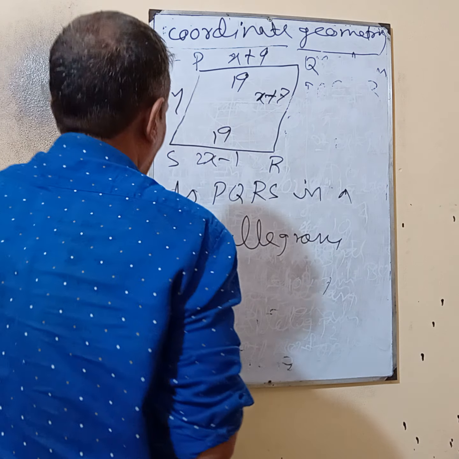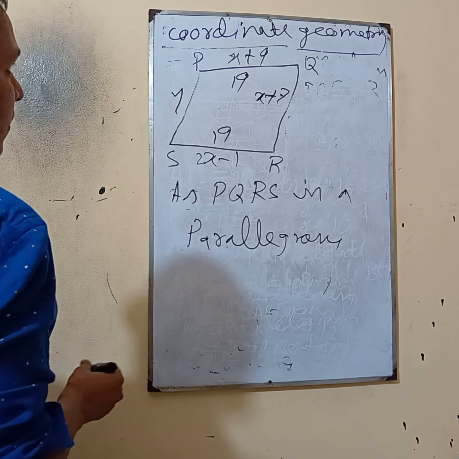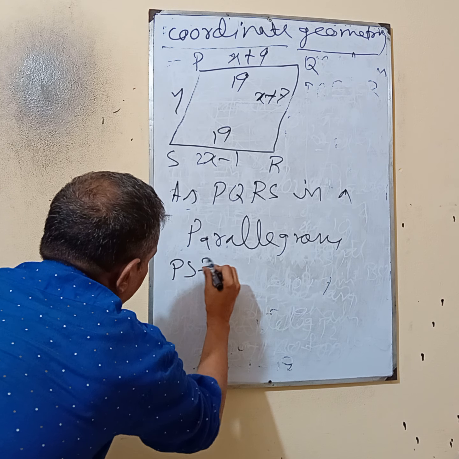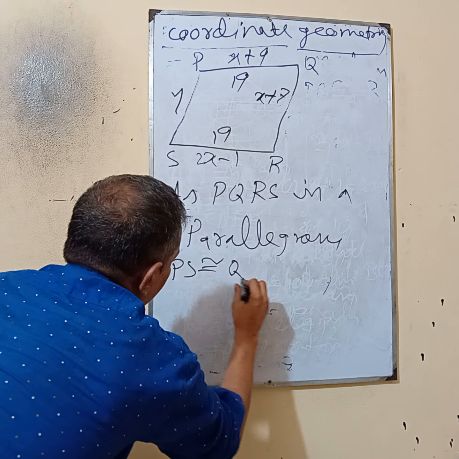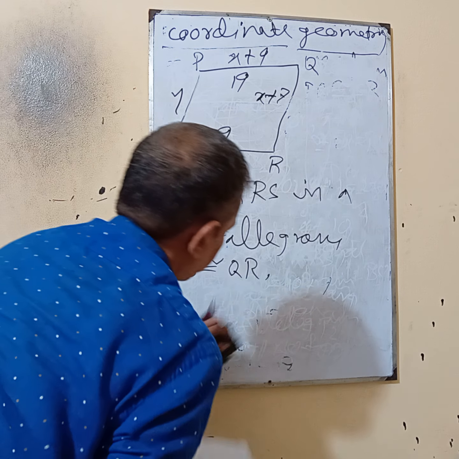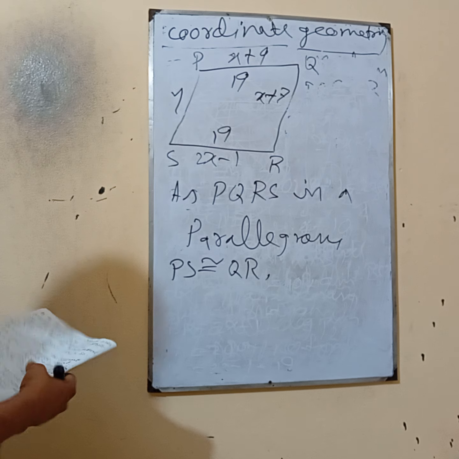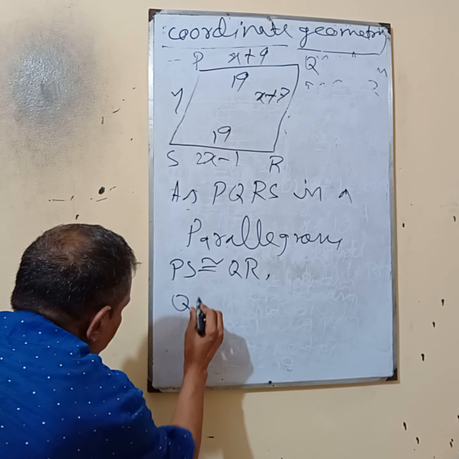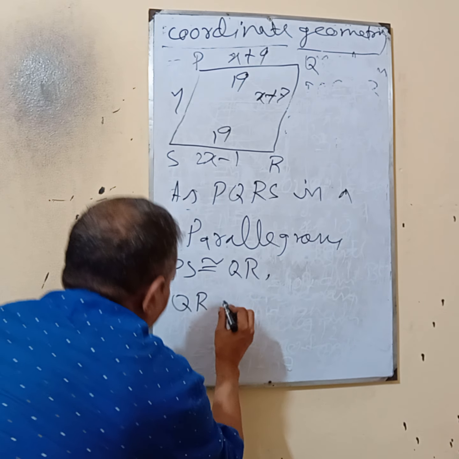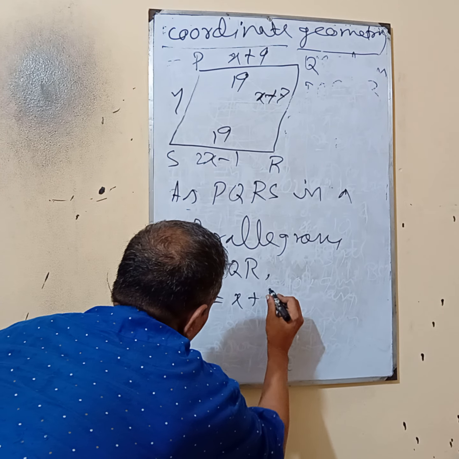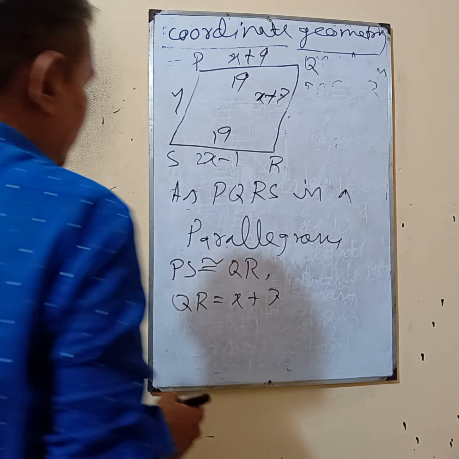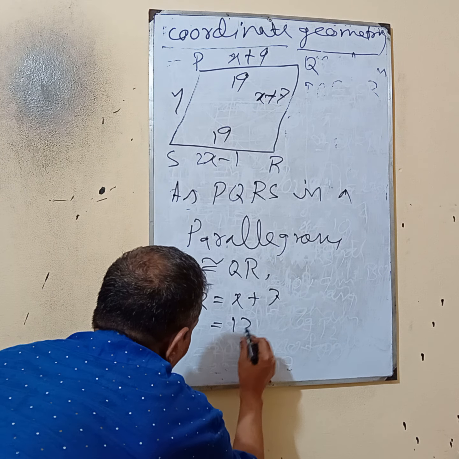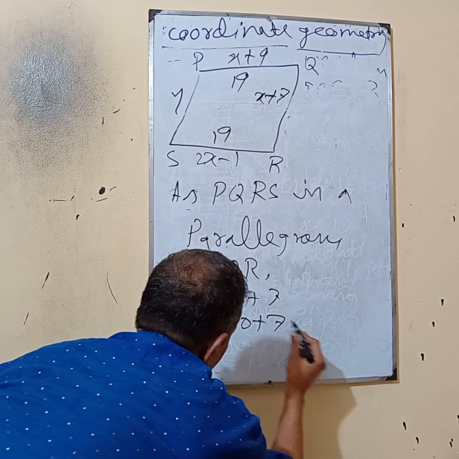So PS is equal to QR. Now I have to calculate QR. QR is equal to x plus 7. X is equal to what? We know that x is equal to 10. 10 plus 7 is equal to 17.